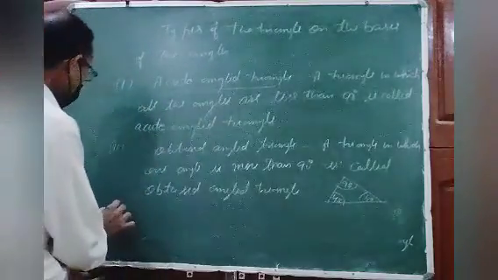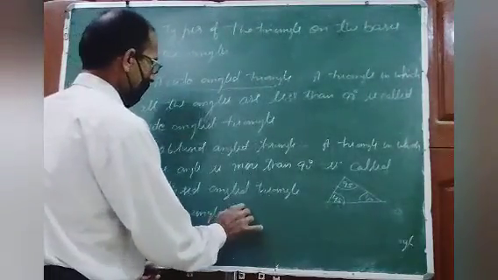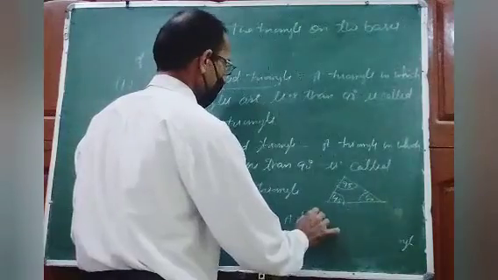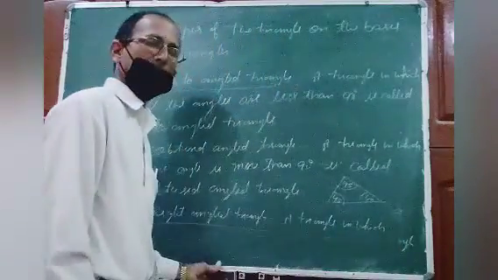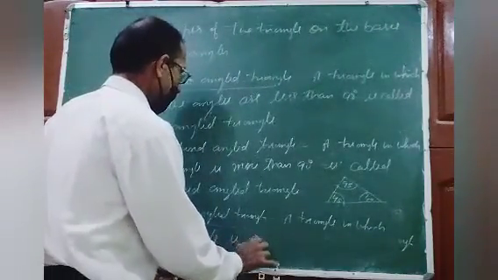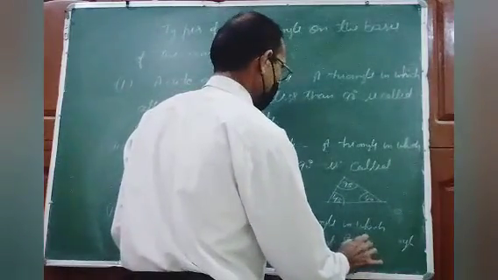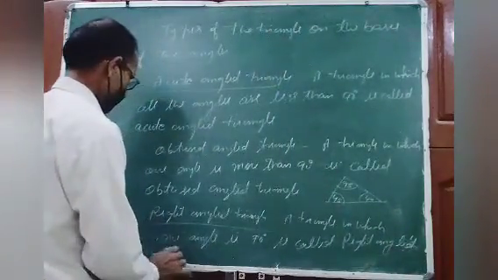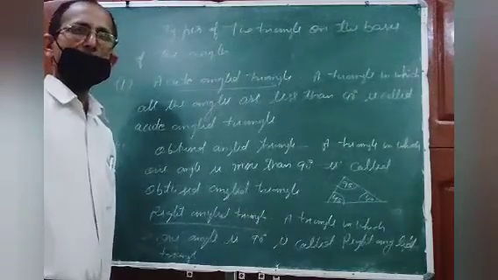And third is the right angle triangle. A triangle in which one angle is 90 degree is called a right angle triangle.